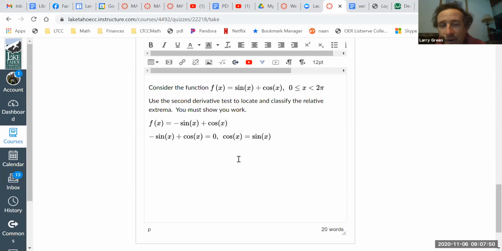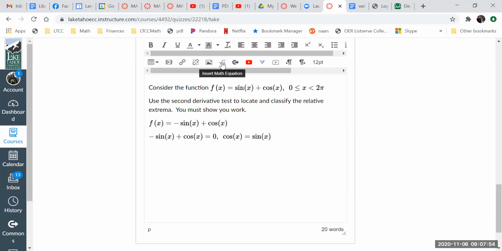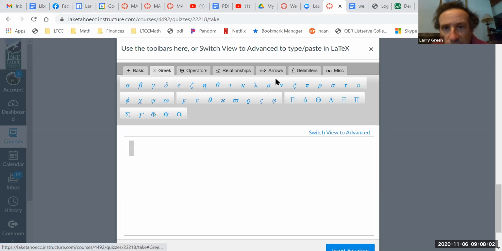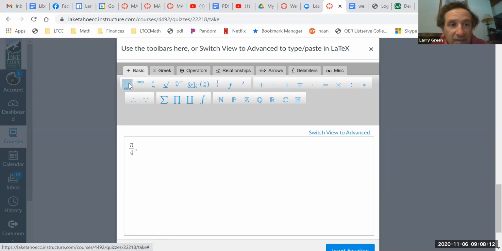So we have pi over 4, and what's the other one? 5 pi over 4. So we get pi over 4, and we also get 5 pi over 4. And those are the only two at which sine and cosine are equal between 0 and 2 pi.